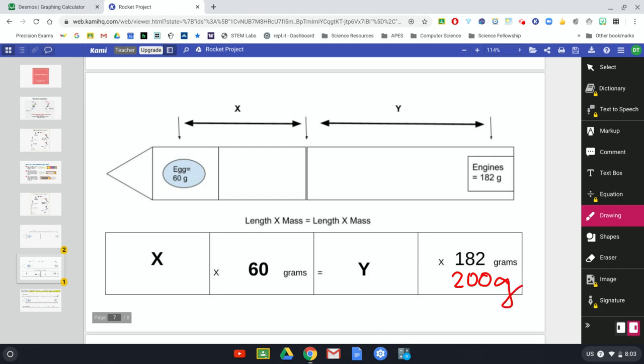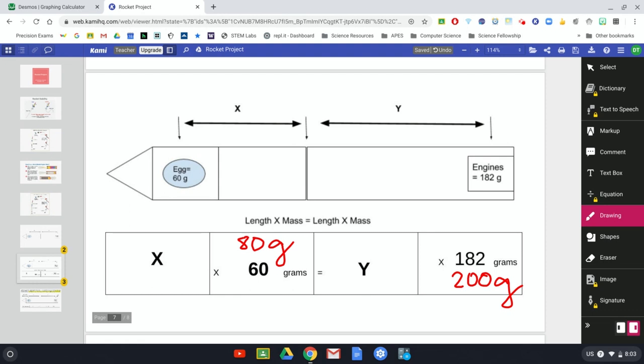So you can choose to use that number instead. And the average crew capsule, if you're using something like cotton balls, something lightweight, packing peanuts, is usually closer to about 80 grams. If you use something heavier, maybe even up to 100 grams, depending on how thick your packing material is. So you can make those estimates a little bit more accurate.